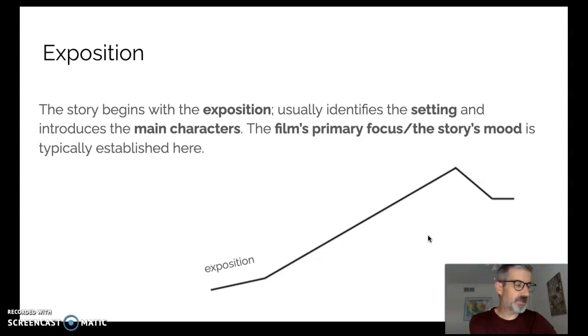The exposition basically introduces us to characters, shows some of their interrelationships, and places them within a believable time and place. This part can be relatively short, but it introduces us to the overall mood of the story and probably introduces us to either the main character or the main villains.